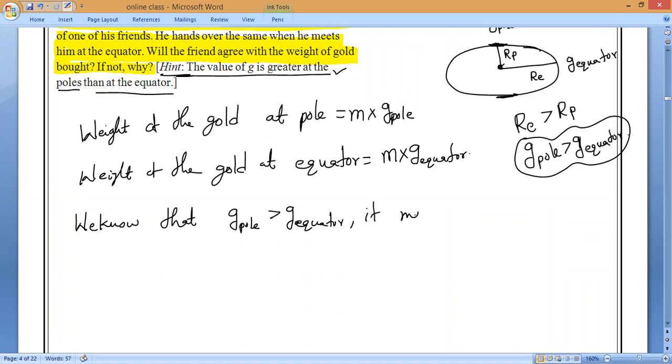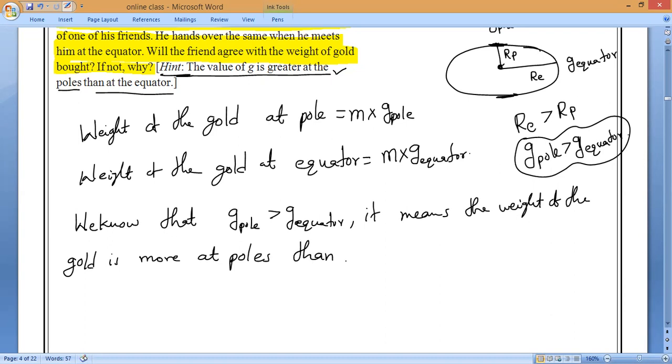It means the weight of the gold is more at the poles than at the equator.